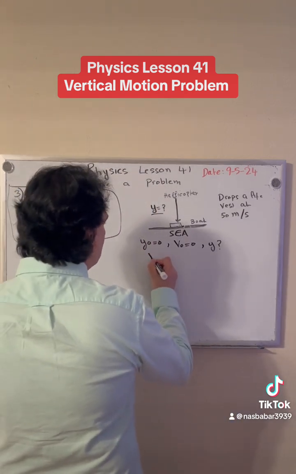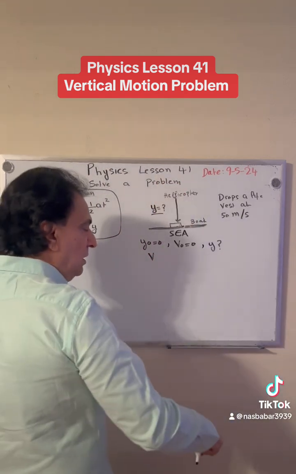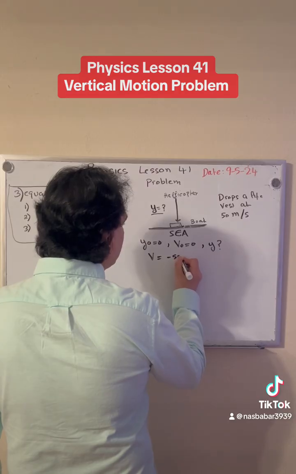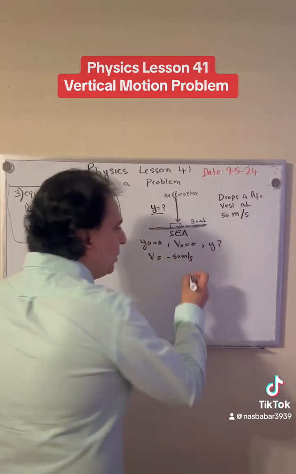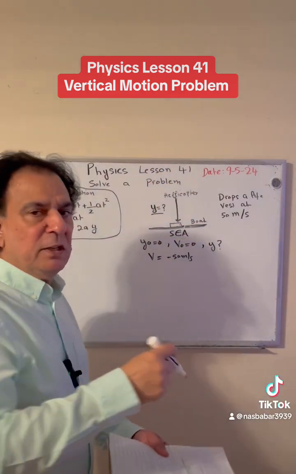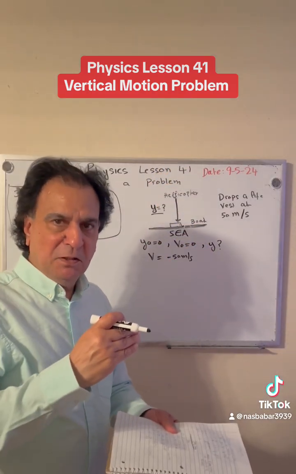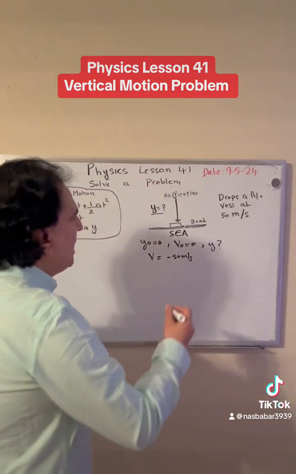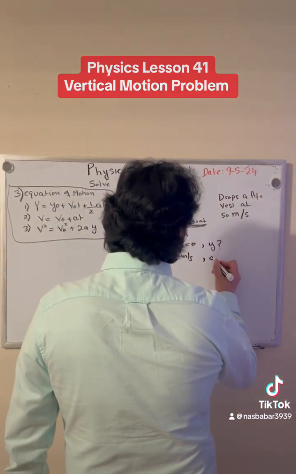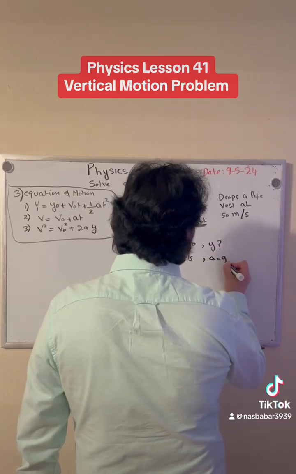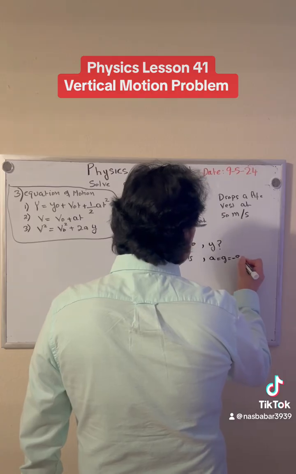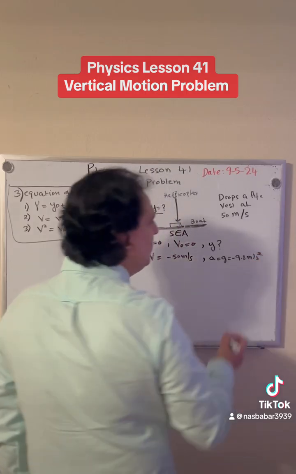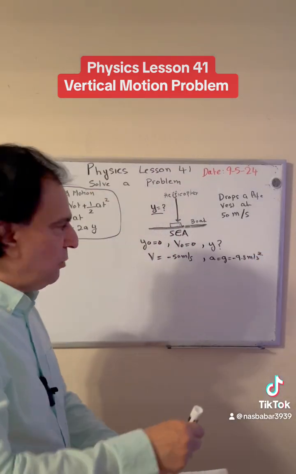We are given the velocity with which the vest drops. It's going to be minus 50 meters per second, because it's dropping down. It's just a matter of orientation: going up positive, going down negative. And the acceleration, which is also gravity, is minus 9.8 meters per second squared, for the same reason, orientation coming down.